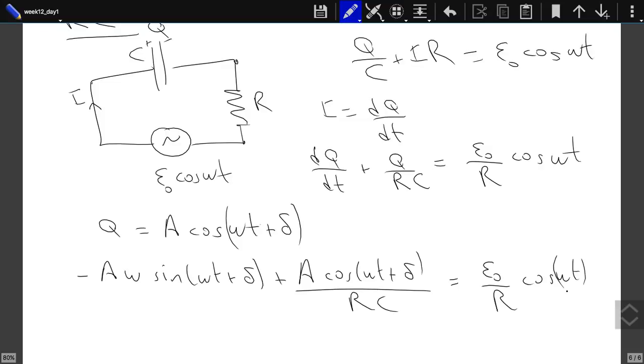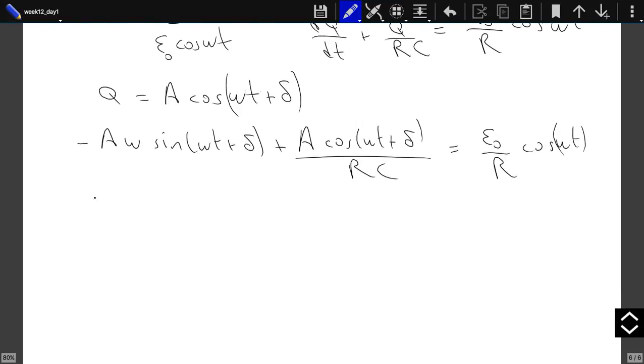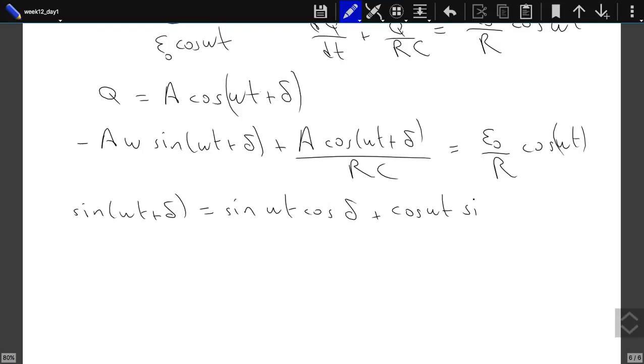Well, there are two things you can do. You can say, okay, sine omega t plus delta is equal to sine omega t cosine delta plus cosine omega t sine delta, and do the same for the cosine. But I will rather go for an alternative.